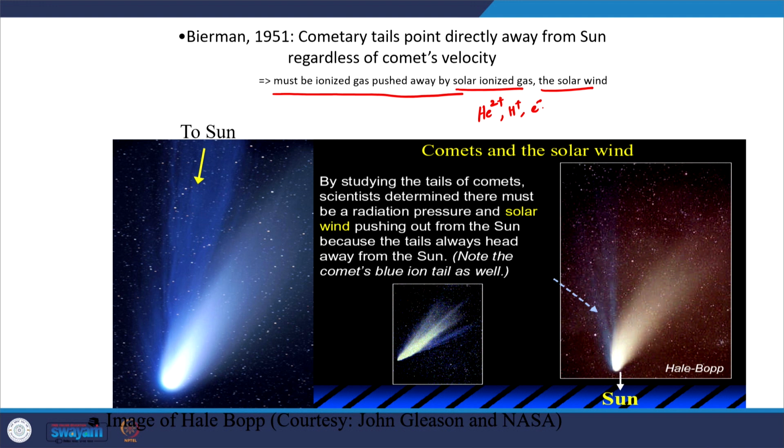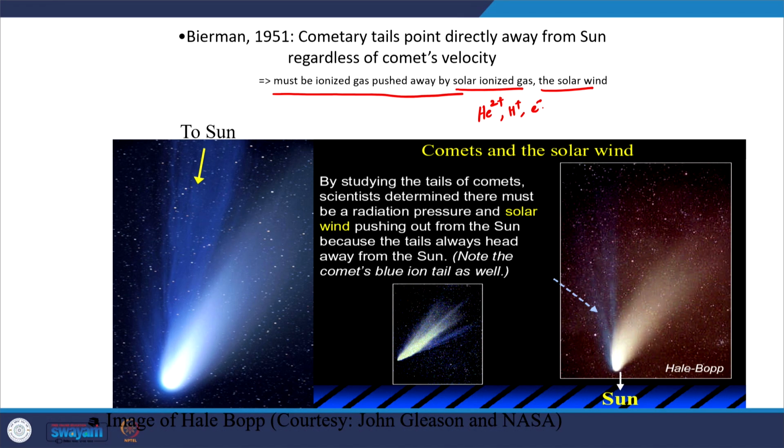So by studying the tails of the comets, scientists determined that there must be radiation pressure and solar wind pushing out from the sun, because the tails always head away from the sun.